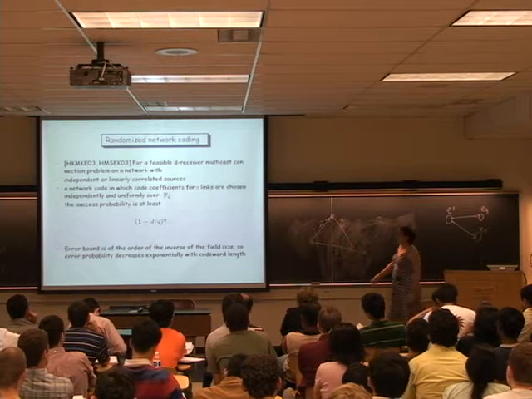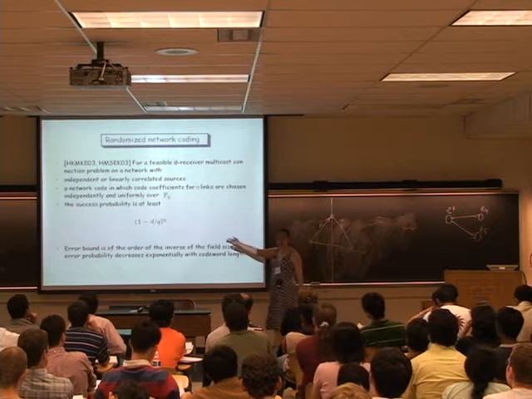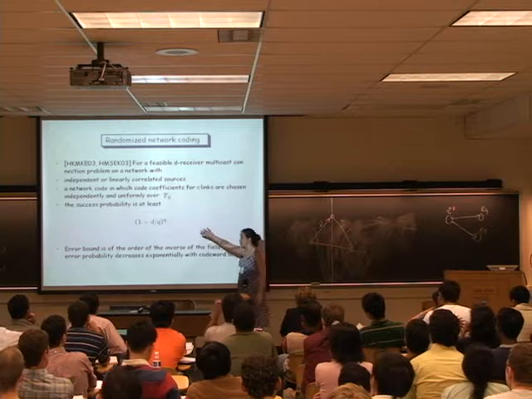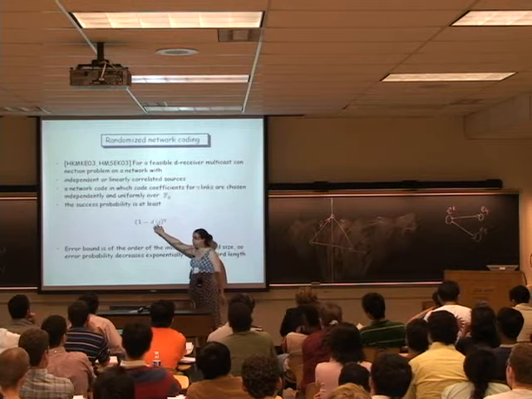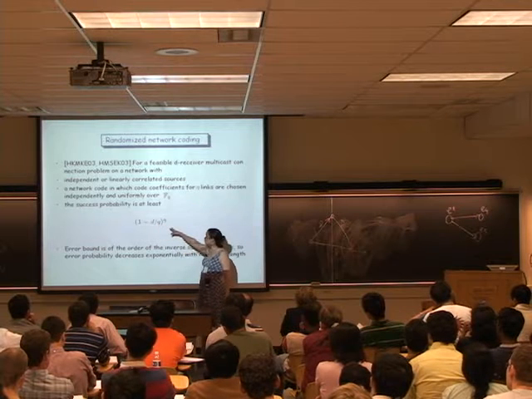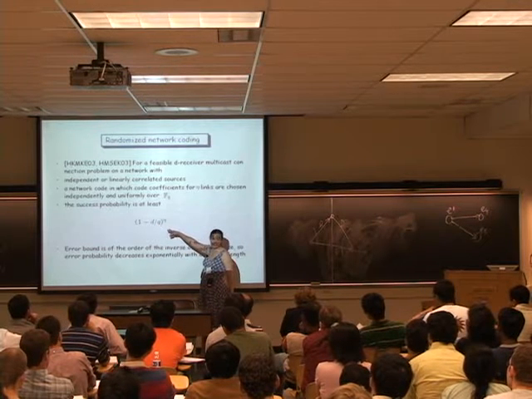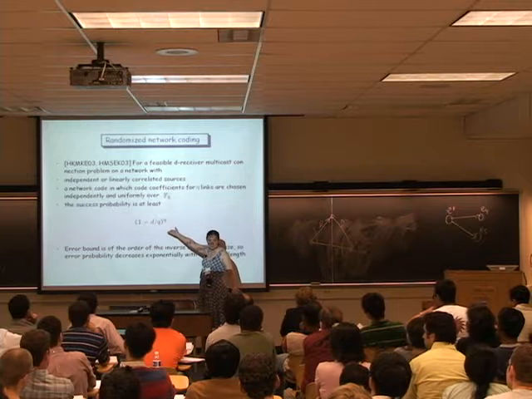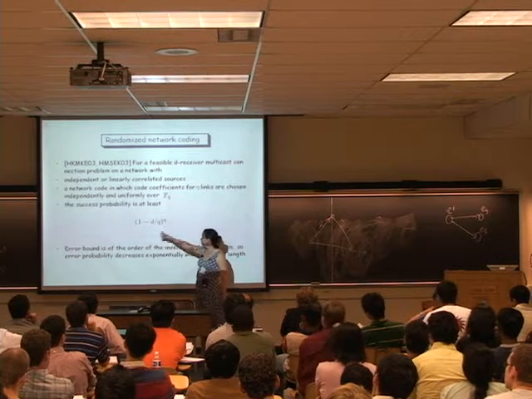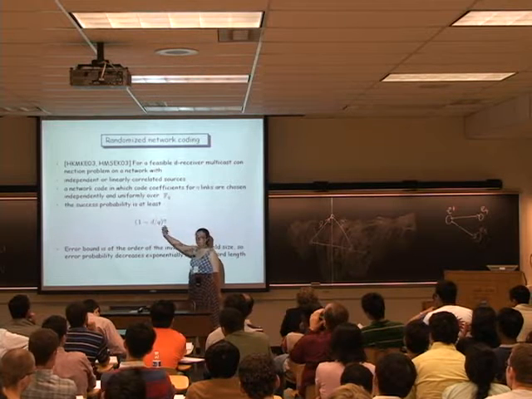Which basically means, since obviously d is not changing, and eta, the number of links, is not changing, as I make q larger, this is roughly going as 1 minus d eta over q.